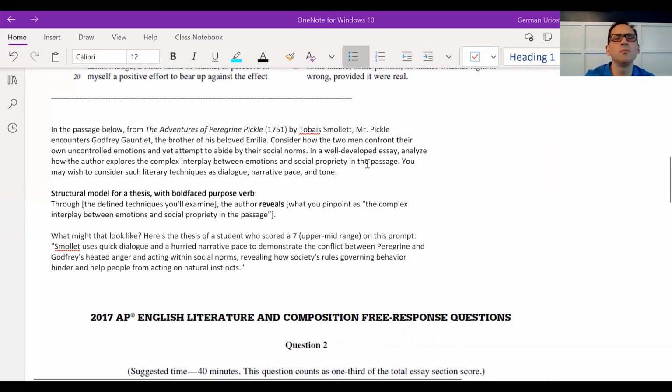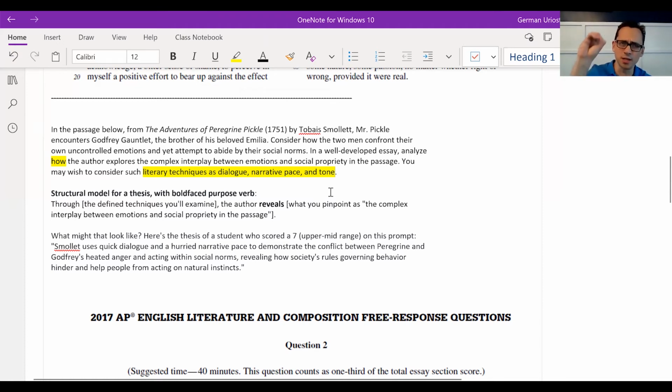Again, we are going through this just so you can see how we have this word appearing again and again. How? What does how mean? How means techniques, as we've talked about. In this case, they tell you the kinds of techniques you might want to look at, right? Techniques such as dialogue, narrative pace, and tone, right? But you're not just laundry listing techniques, right?